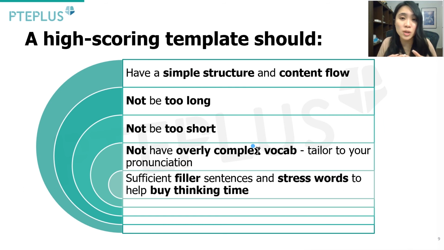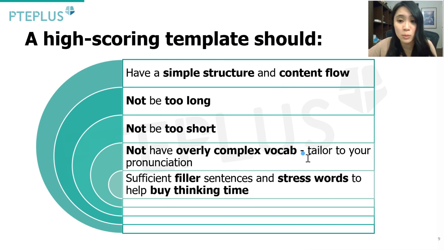Number 2, if they're too complex, they will be affecting your pronunciation negatively as well. And number 3, it's quite easy to get stuck on them as well. So the whole point of your template is to maximize your fluency, how smoothly you can say it, and how well you can say it. So keeping your template sweet, simple, and very tailored to your own pronunciation is extremely important.